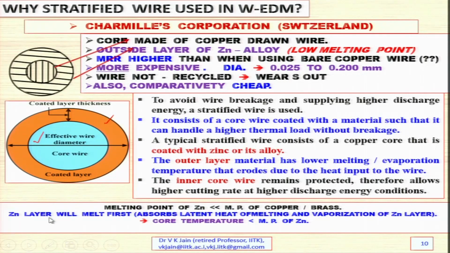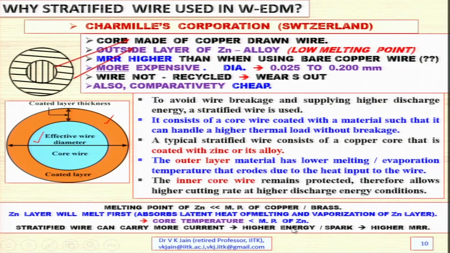So zinc layer will melt first. It absorbs latent heat of melting and vaporization of zinc layer, and core temperature is much smaller than the melting point of the zinc.